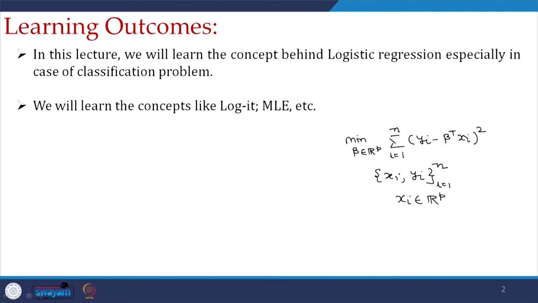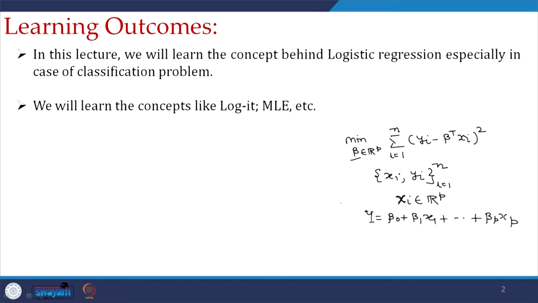After getting beta I will get a model like y equals beta naught plus beta 1 x 1 plus up to beta p x p. Whenever I give a new x data, I get a value of y, which may be anything from the set of real numbers.